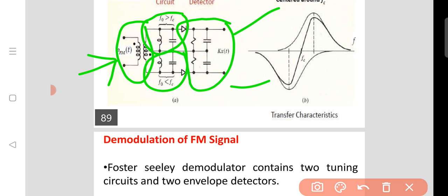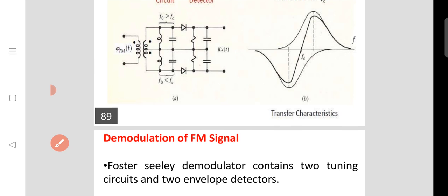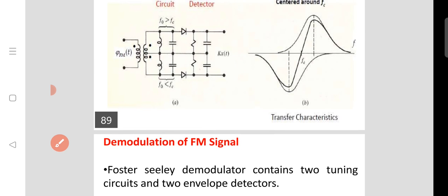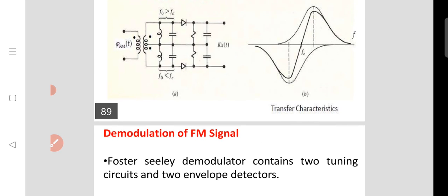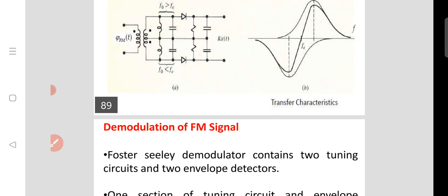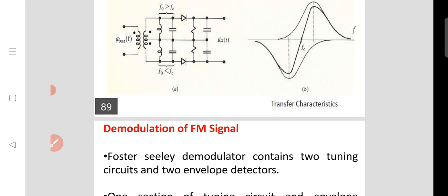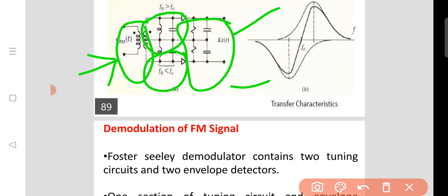Observe here, what happens in this scenario: the upper circuitry is tuned above the carrier frequency.